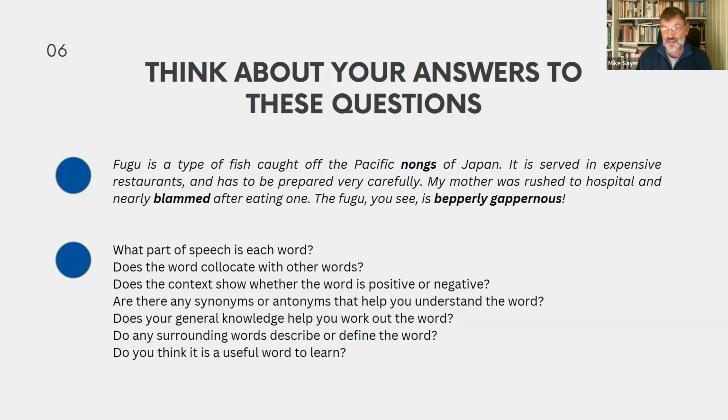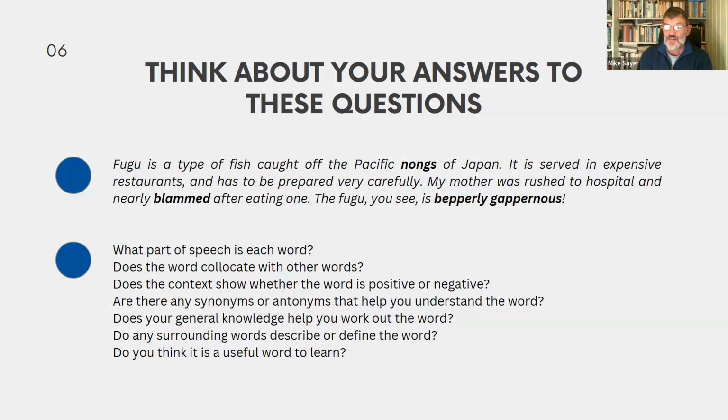It needs to be prepared carefully, and it's a sort of scary blowfish. Well, the answer is something like very poisonous or very dangerous, or very evil. So by asking those questions, we are developing the mindset of how we actually battle with the words to get an understanding of what they're about.